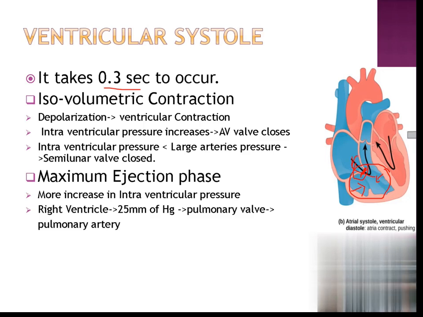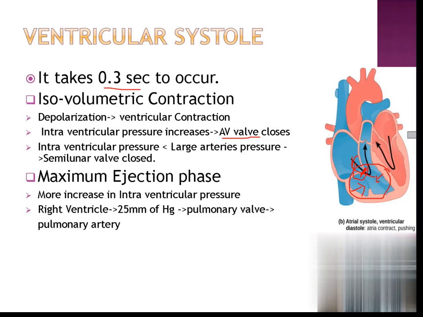Then if it is going back to the auricle, there is no point, because half of the blood will go to the auricle. Then what will go to the lungs for oxygenation? That's why these valves are present. So basically the function of the AV valve is to prevent the backflow of the blood in both cases, right side or left side. Now this pressure helps the valve to close.